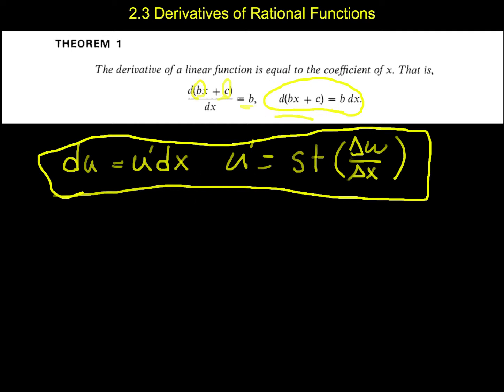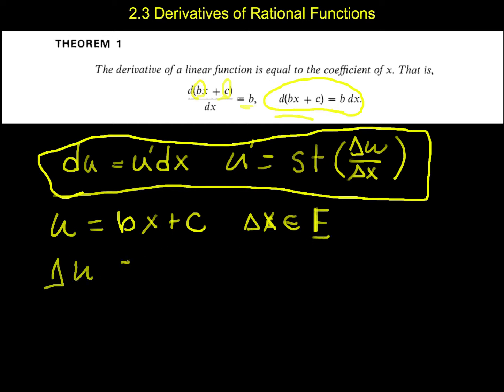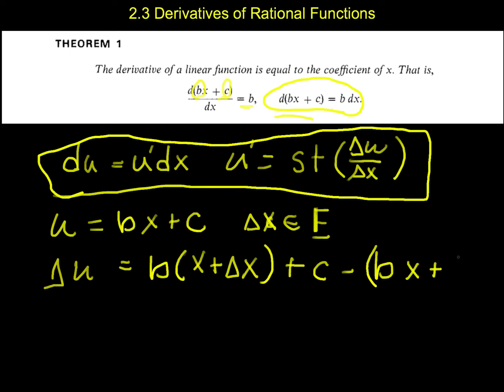So back to this. We need to compute the change in u, and we need to compute the change in x. So we have that u, in this case, is equal to bx plus c. So if delta x is an infinitesimal, then the change in u is going to be b times x plus delta x plus c minus regular u, so that's bx plus c.